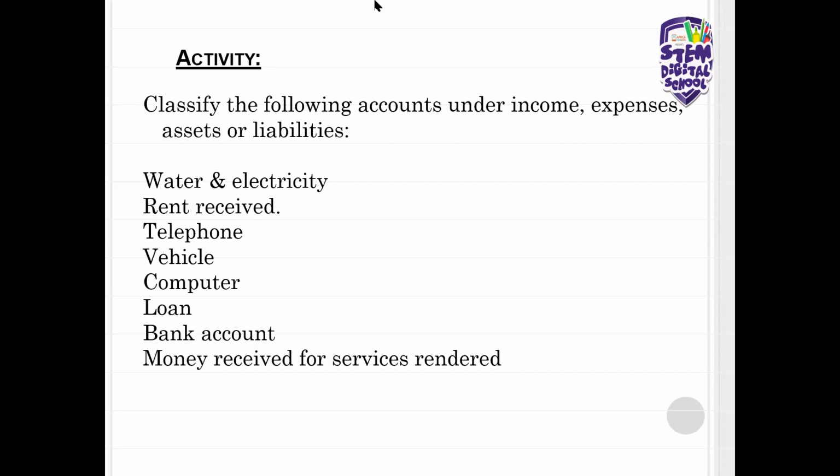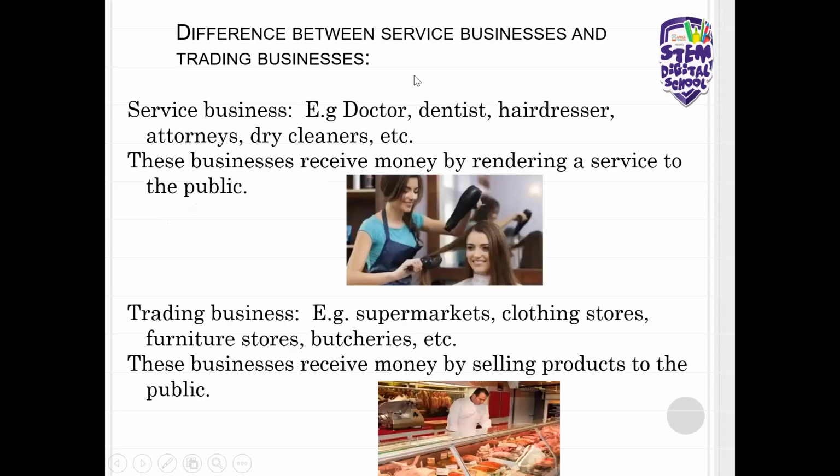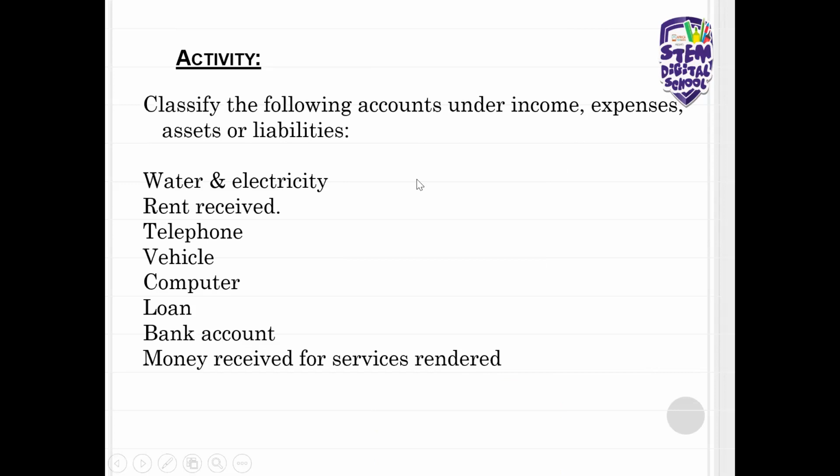Right, so again, we're going to classify each of these accounts to see if it's going to be an income, an expense, an asset, or a liability. If we start with water and electricity, what is water and electricity? Somebody can put it in the chat box for me so I can see what you answer.